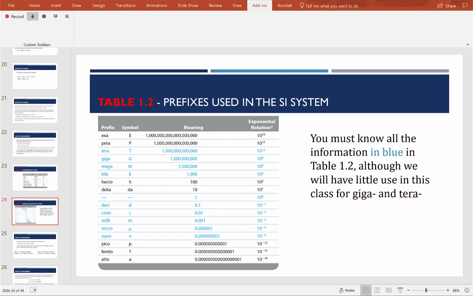That should be easy for some of these, but maybe a little trickier for others. For example, milli is 1,000th. What is micro? Micro is a millionth, and a nano would be a billionth. That might not be immediately apparent, but with practice, you'll get to know that.